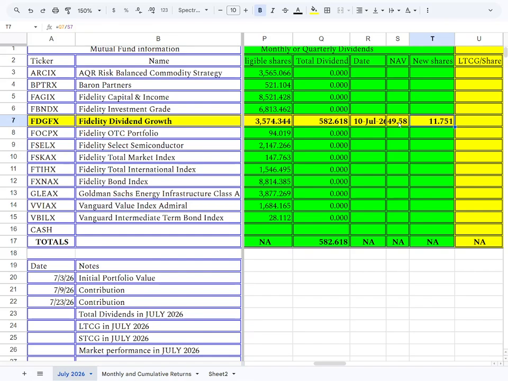Since I'm still working, I'm not taking the dividends in cash, I'm reinvesting them, which means by the time another 6 months or another 3 months or even another month, if the fund pays another dividend, I get a few more dollars of the dividend because now I have more shares. So that's why I keep tracking the number of shares.